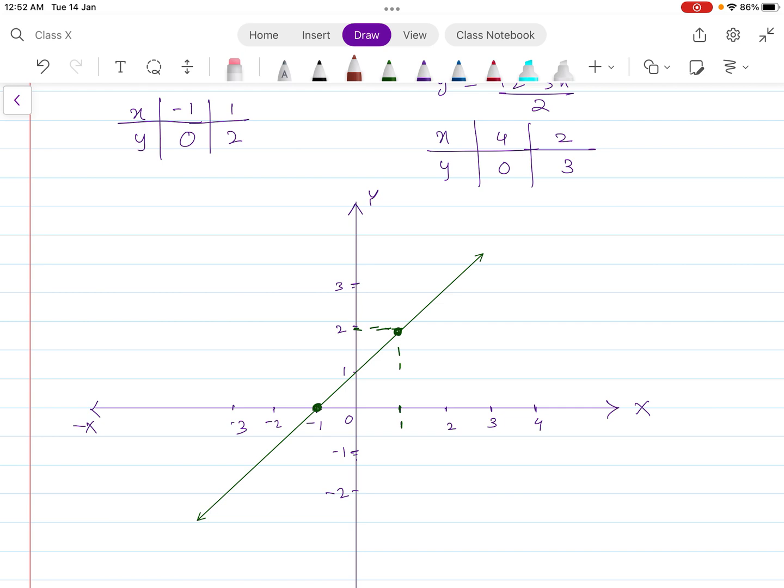Then for the second line we are going to refer to this table. Take x equals 4, so y is 0, and when x equals 2, that time the value will become 3.